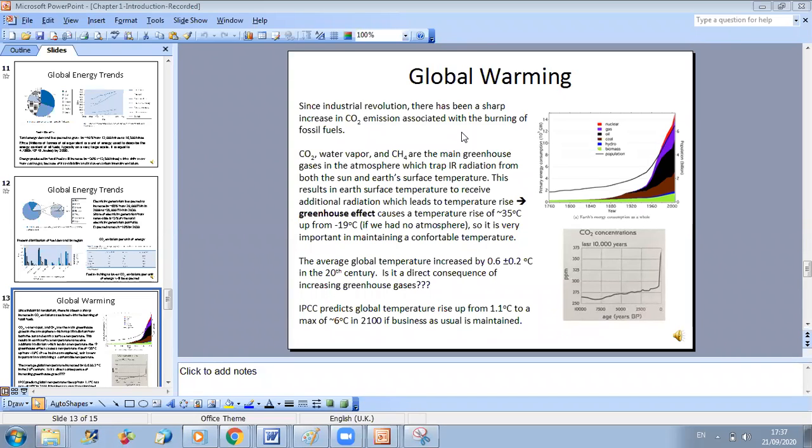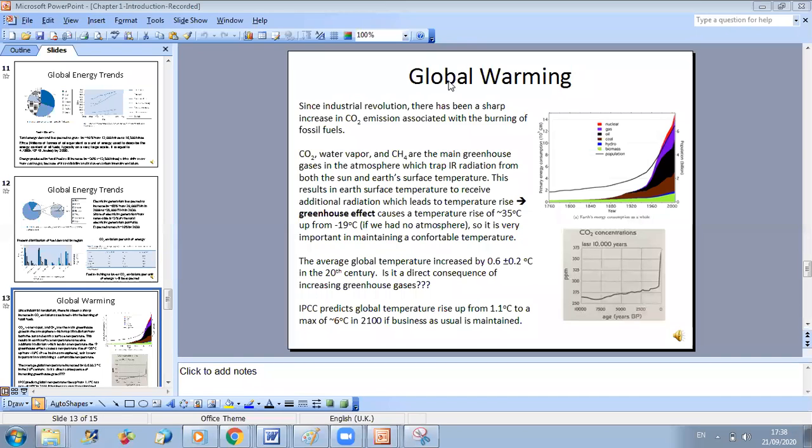Because these gases trap infrared radiation, they will lead to an increase of the temperature of the Earth. This increase in temperature can cause climate change and can be very harmful if we reach very high temperatures.